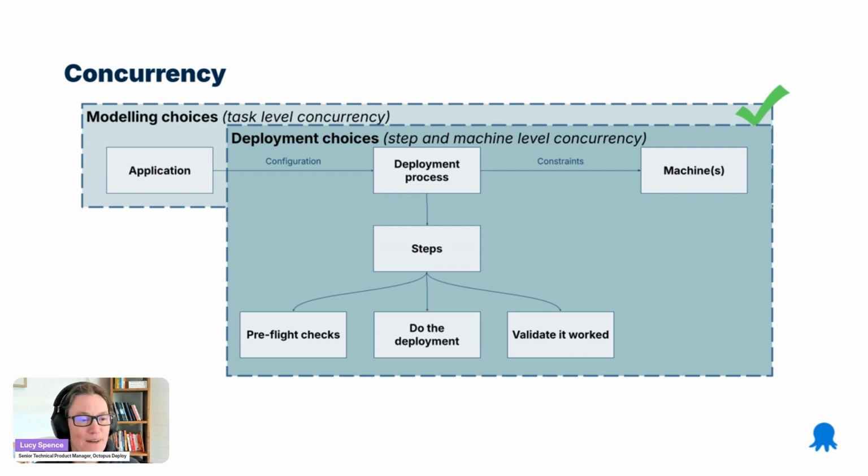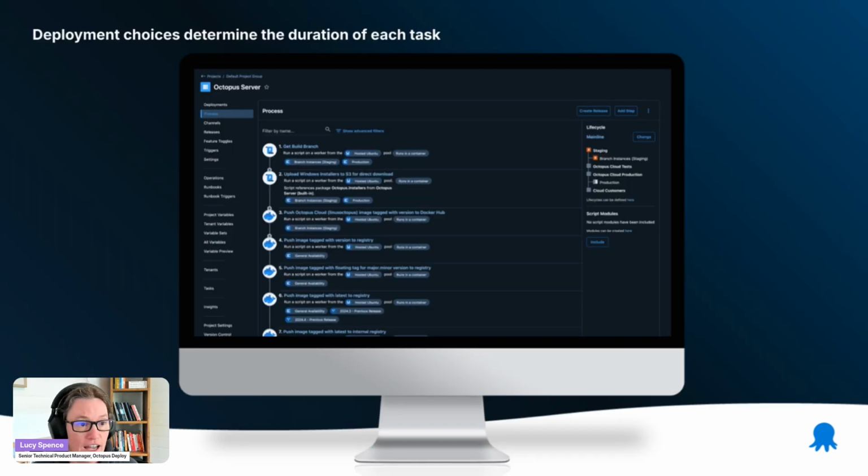Now let's talk about the concurrency that you could get within a deployment process itself. The level of concurrency you have in a deployment process itself is likely to influence the length of time that particular deployment process takes to complete.